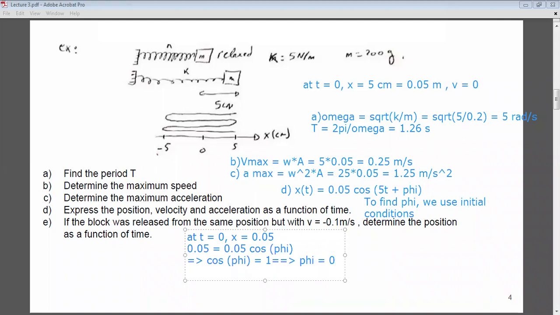This means x of t equals 0.05 cosine 5t. V of t is minus V maximum, which is 0.25 sine 5t, and A of t is minus A maximum, which is 1.25 cosine 5t.